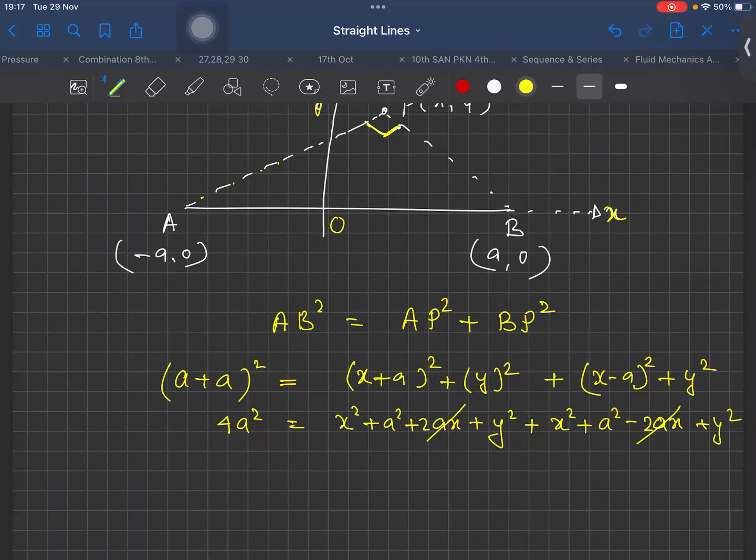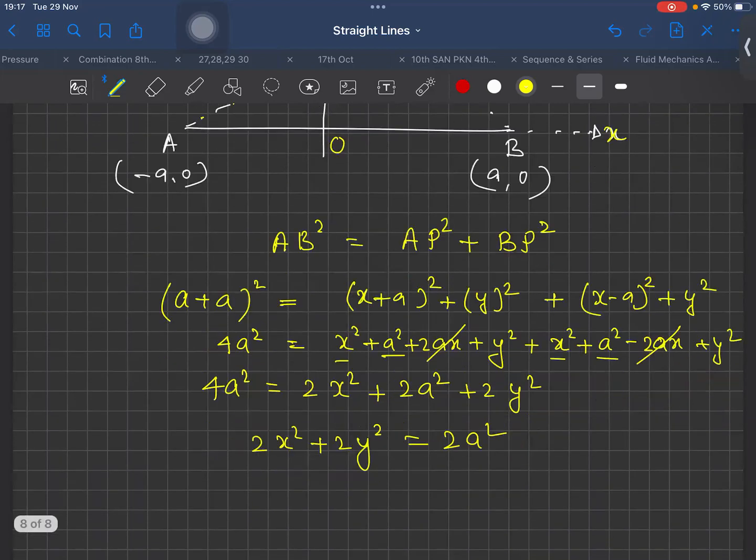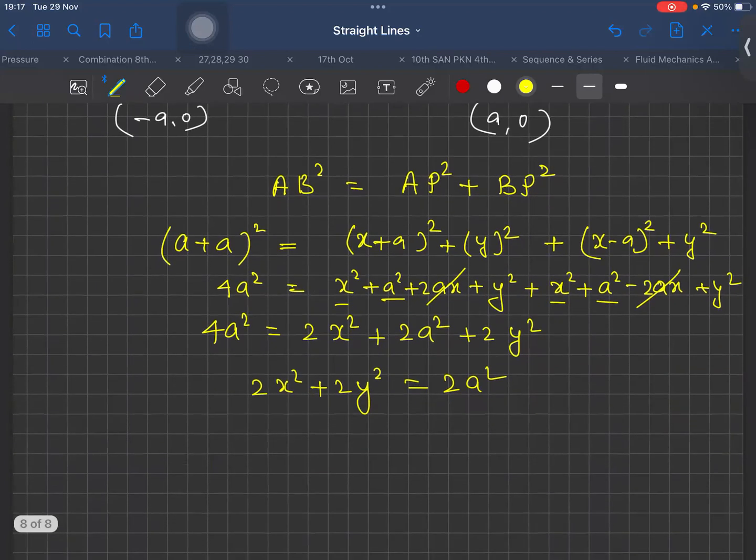So 4A square will be this, and this you'll add: 2X square plus 2A square plus 2Y square. So here also A square, so this will become 2X square plus 2Y square is equal to 2A square. I'm just taking this to this side. Now that means you are getting X square plus Y square is equal to A square.